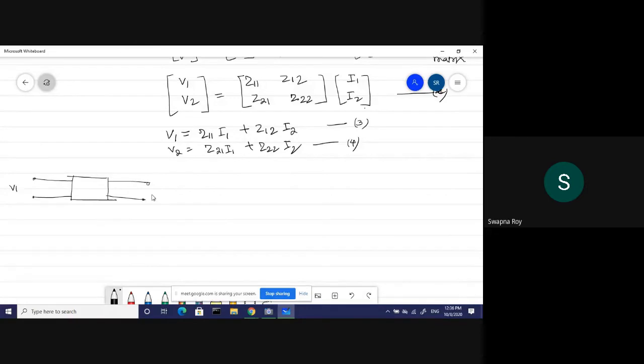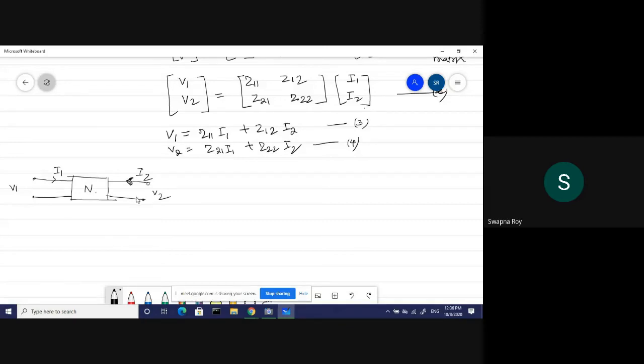This is your V1, this is your V2, this is your I1, this is your I2, this is network N. Assume that the output port of the two-port network is open circuited.